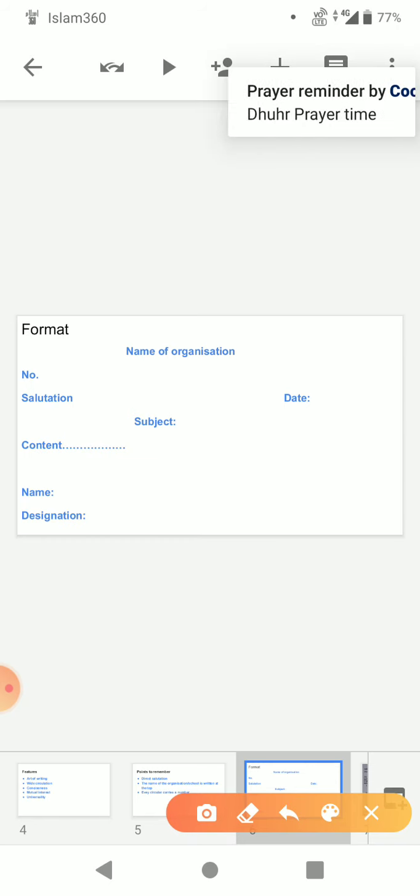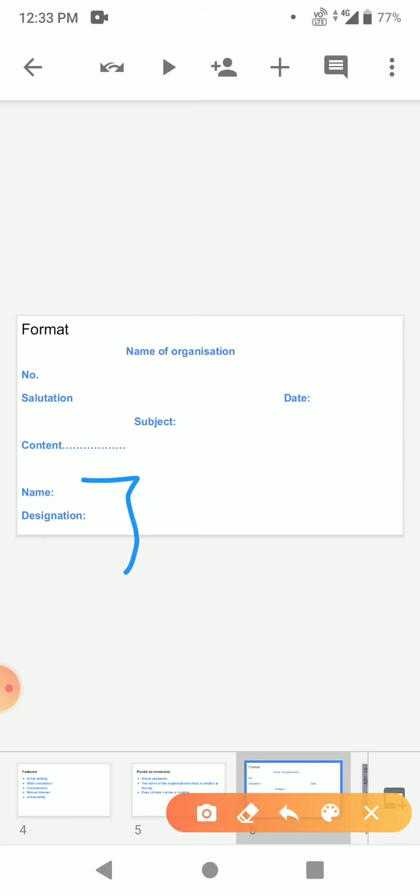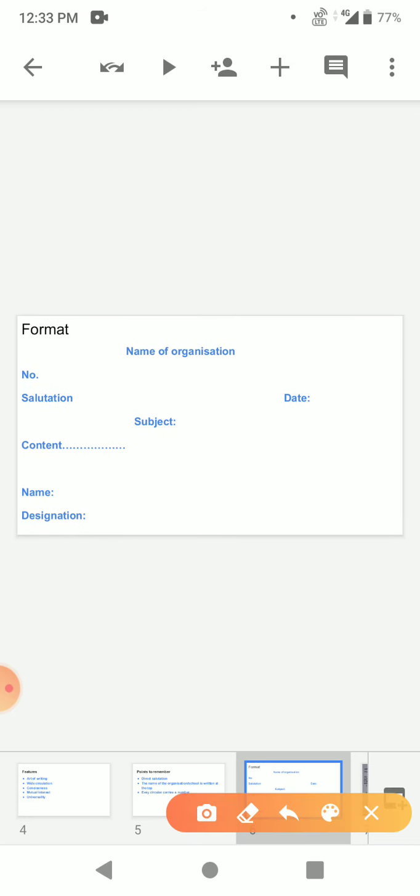So then we have name and designation, the person who is writing the circular and his designation, his position. So, this name of the organization or school to be written at the top.